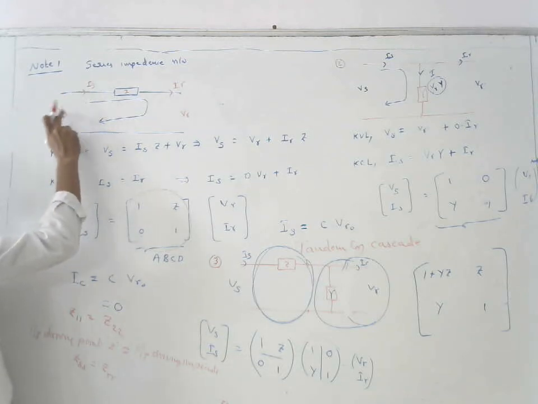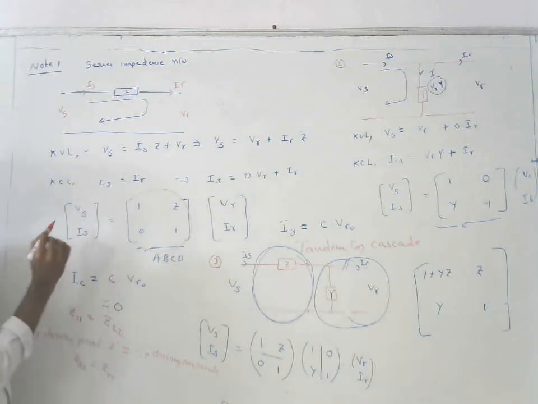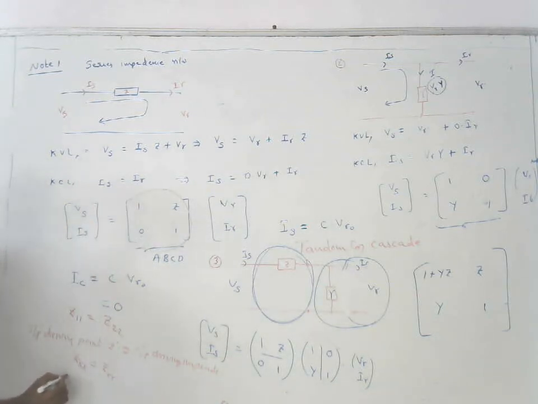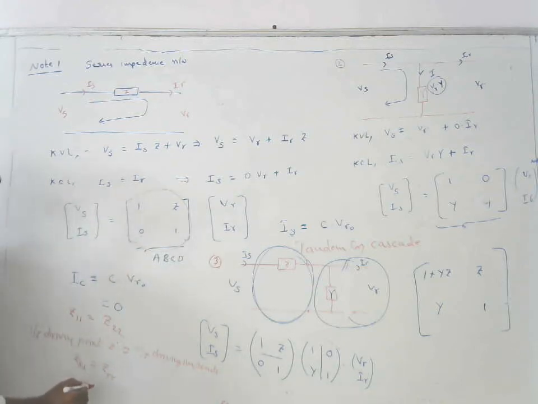ZSS for the series impedance network is 1, this is nothing but A, and ZRR is 1, meaning A is equal to D. Then we can call that network a symmetric network.